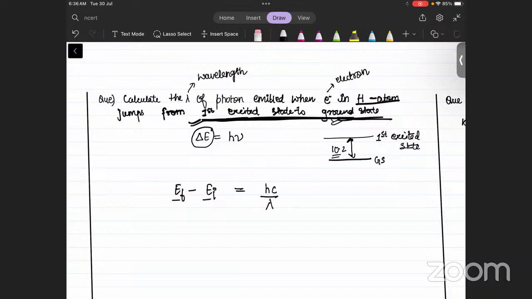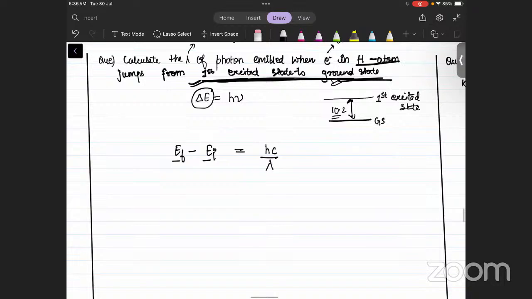Now substitute the values here. Finally, it is going to the ground state. So for ground state, it is 13.6 for hydrogen, because once I put the value of Z square by n square, minus, again I'll take 13.6. Z is 1.